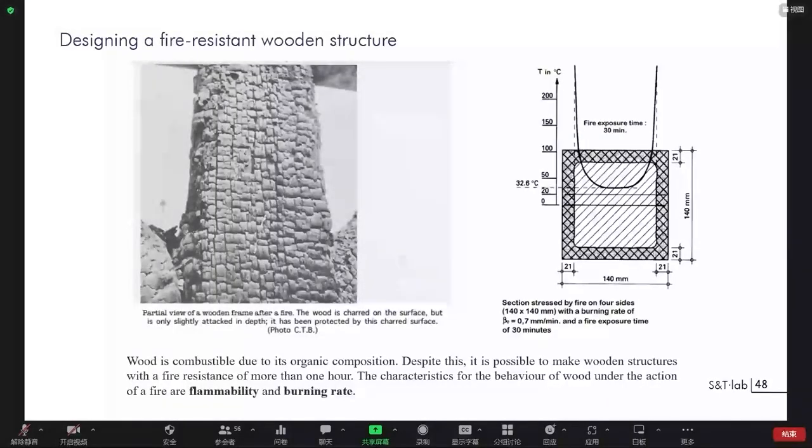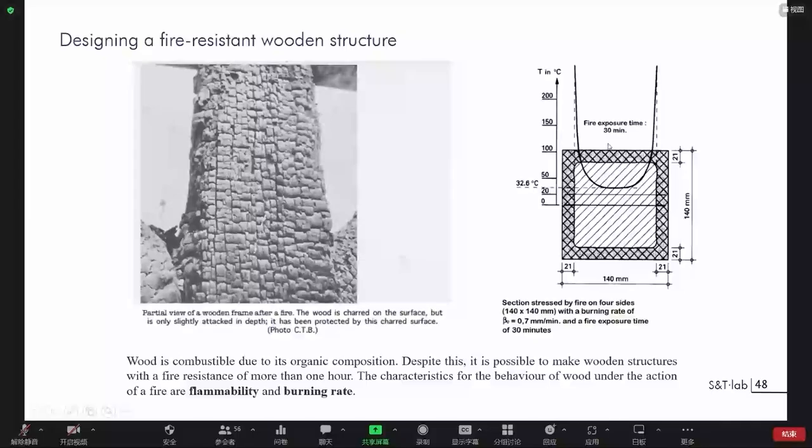When this is done, something very interesting is that the timber will be burning and will be producing coal, and this coal will form all around the timber material. And also we'll see that due to very specific properties of timber and with this coal, the temperature inside this material will be maintained quite low.